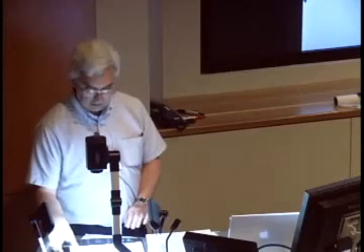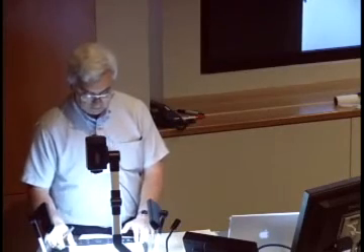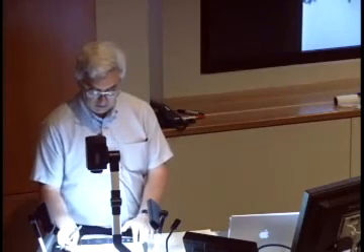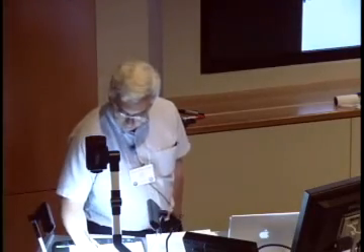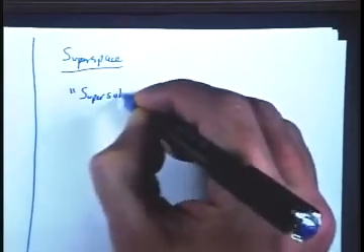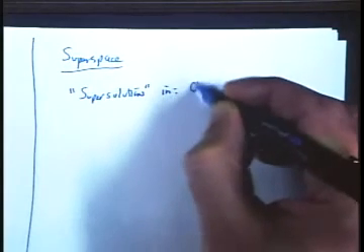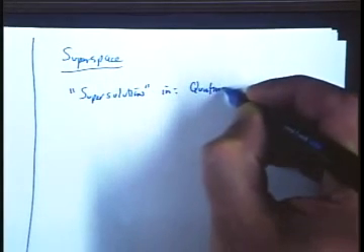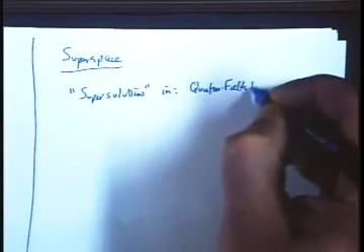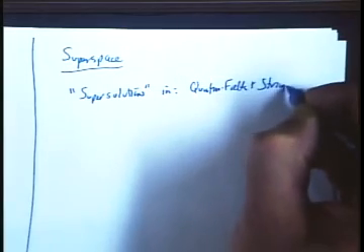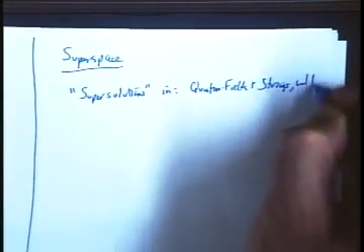Let me just give the reference for some of the supersymmetric theories that I'm going to briefly sketch. There's a long chapter called Supersolutions, which is in Quantum Fields and Strings, volume 1.